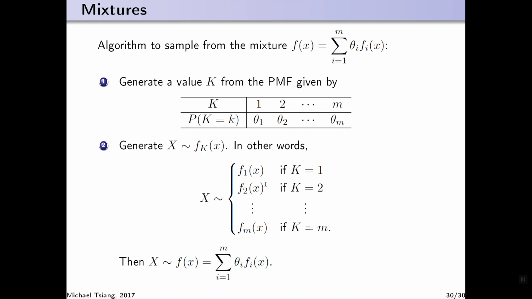For example, if we were modeling the heights of people, an approximate approach is to say some people are men and some people are women, and the heights of men follow this normal distribution and the heights of women follow this normal distribution. Depending on where you are located, you might have different mixing proportions.